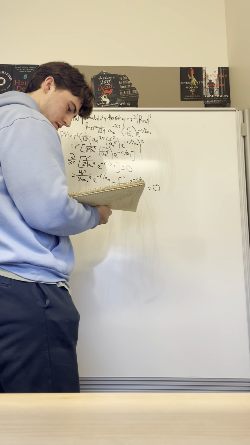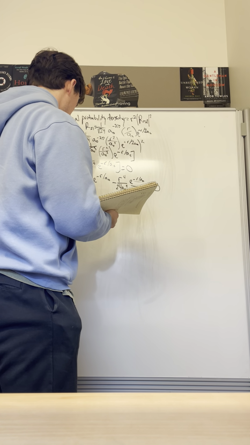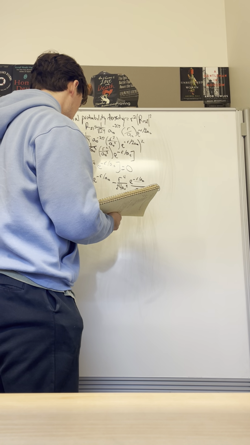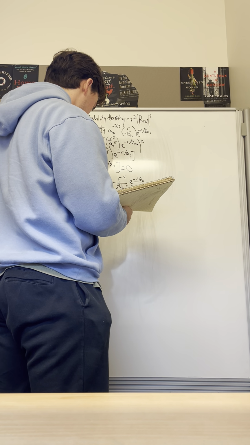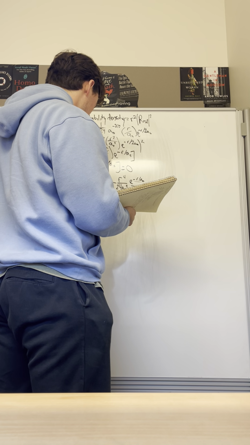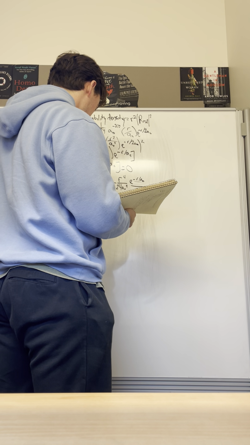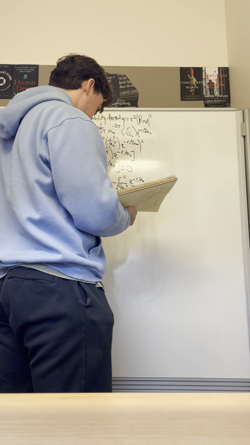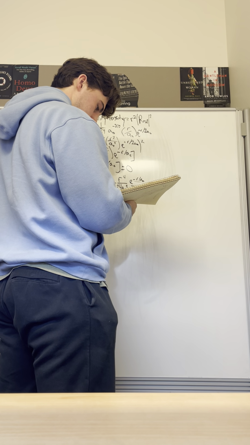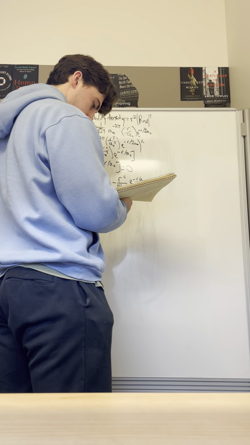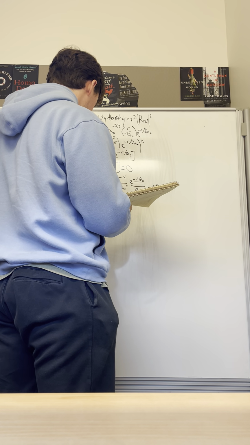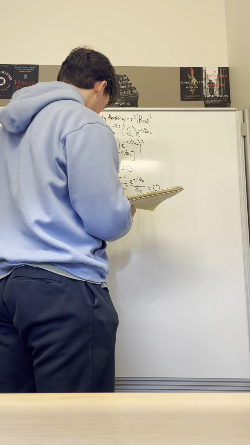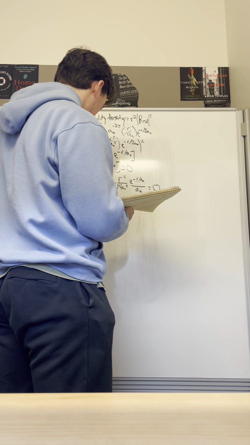Both of these have an e to the negative r over a naught, so we can cancel that. So we have 4r cubed, and we can also cancel the 4 and the 24.